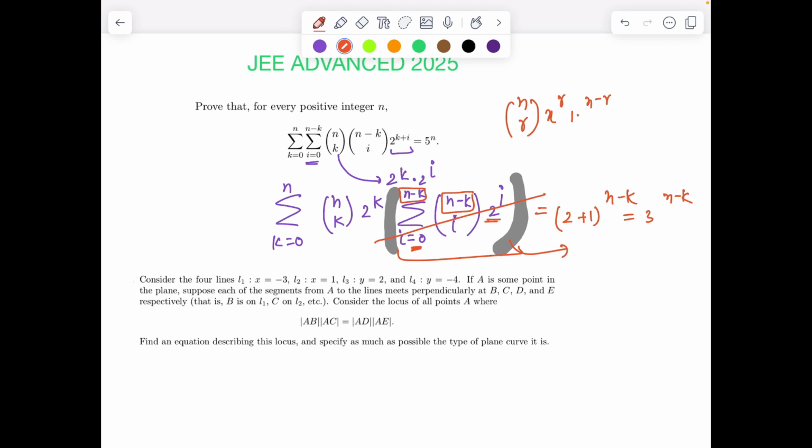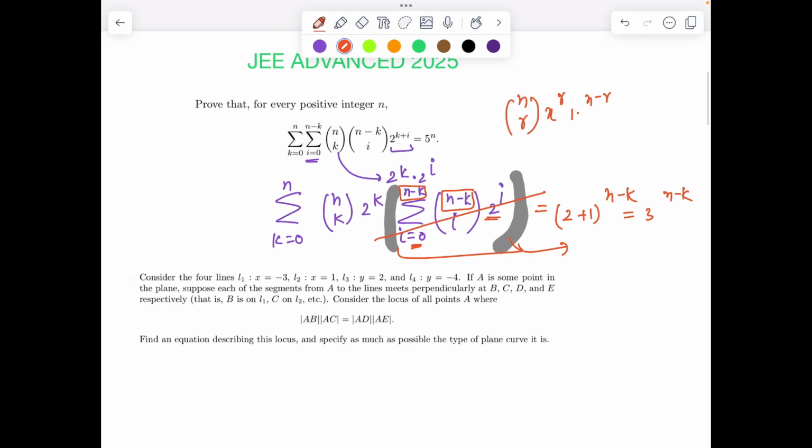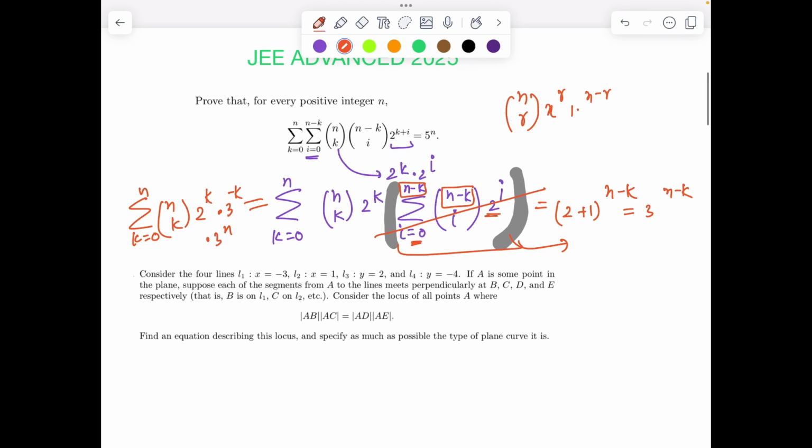Now coming back to the problem, the given sum becomes sigma k equals 0 to n, nCk 2 raised to power k times 3 raised to power n minus k. That gives 2 raised to power k into 3 raised to power minus k into 3 to the power n.